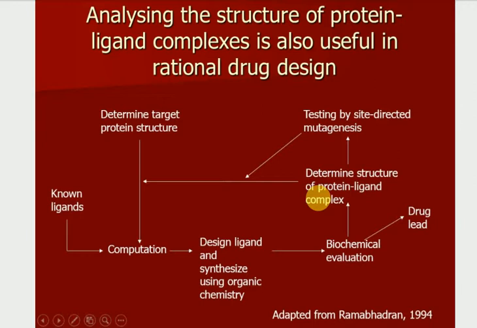So if we start with our target protein structure, this would be our enzyme or our receptor. We will then use computation usually in order to design our ligands, so design our drug candidates, and we will synthesize that using organic chemistry. We will usually biochemically evaluate that before it gets near our drug target molecule, so that will be things like toxicity, drug-like nature, solubility, stuff like that.